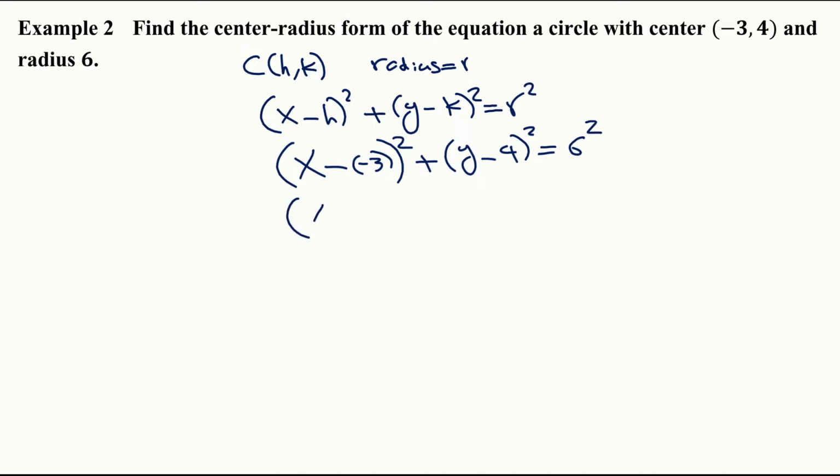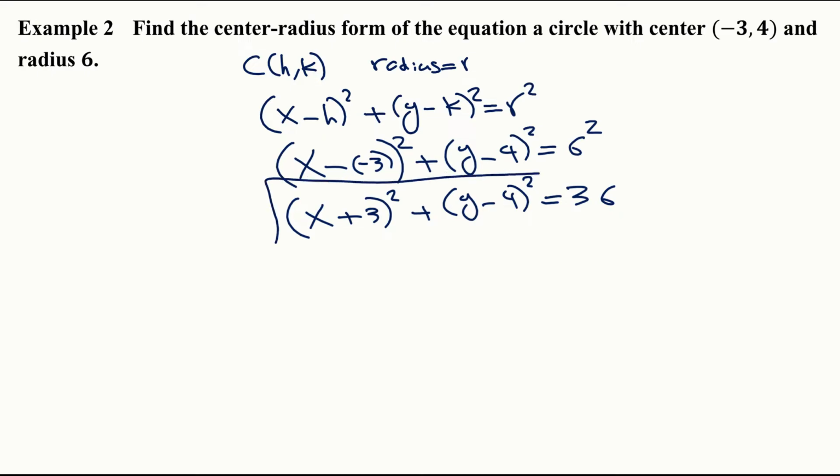So we end up with (x plus 3) squared plus (y minus 4) squared equals 36. Alright, and there is our equation of the desired circle.